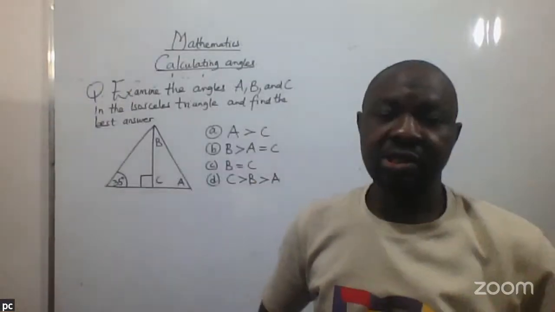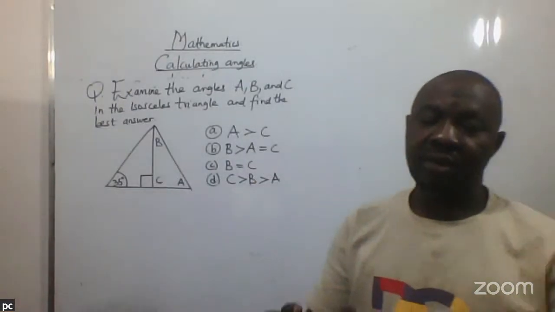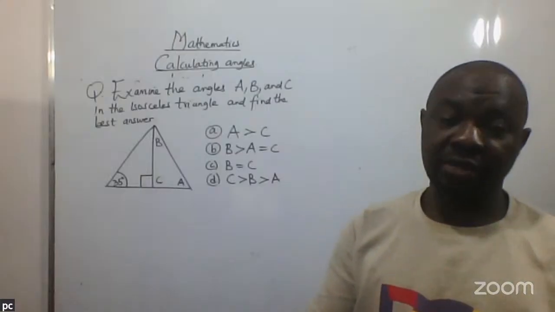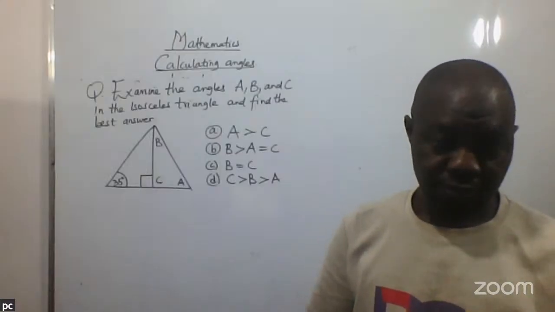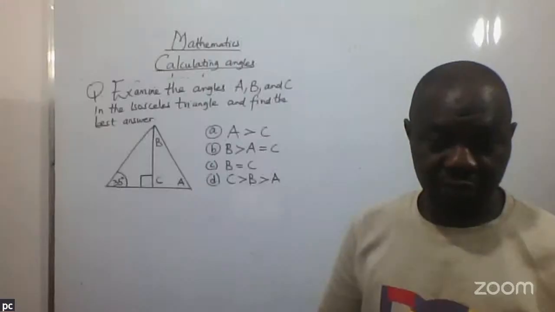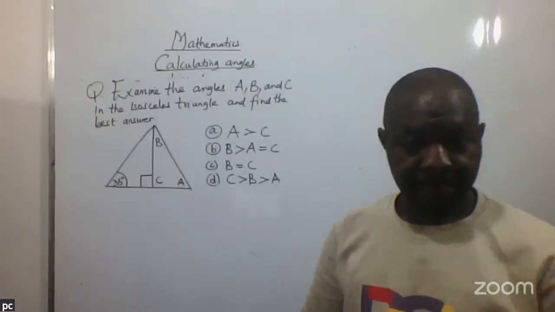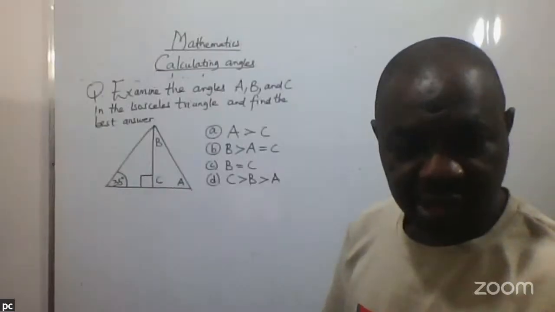All right, listen. I'm sure you know that there are three types of triangle. Can you mention them? Three types of triangle. There's the isosceles. Wait, I don't remember the name of it. Okay, no, just write it in the chat.